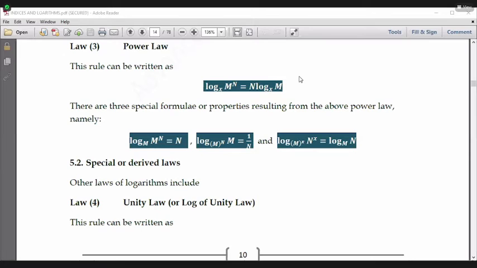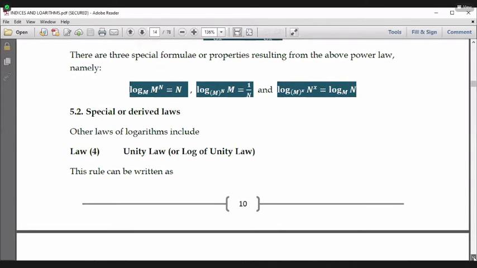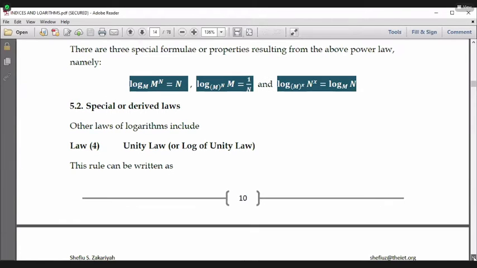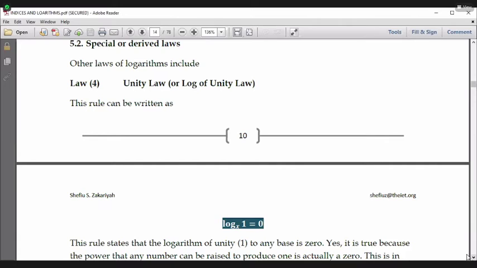Log of unity, not unity of combination, but unity as a numerical value. From the indices, we have seen what a raised power 0 is: 1. So what about if I get the log?